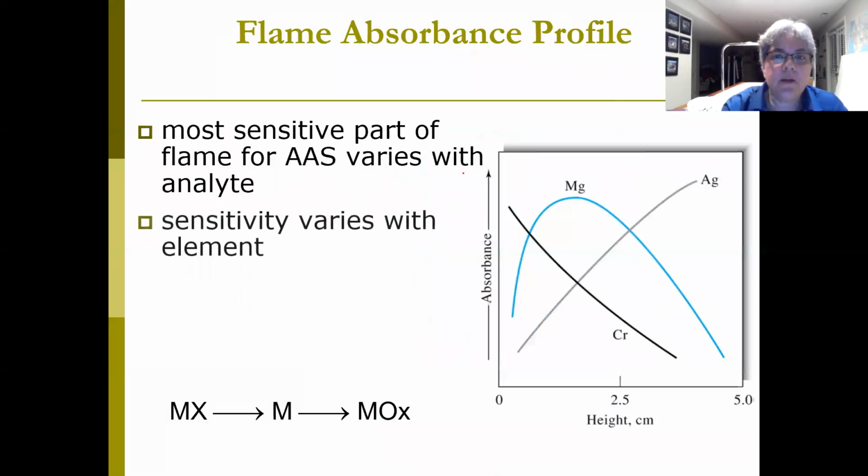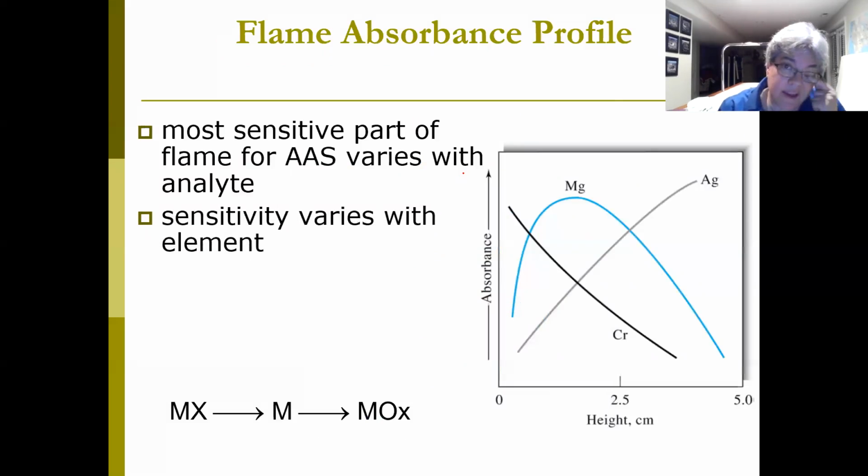Okay, now when we look at the flame, we get something called an absorption profile. And what we find out is the most sensitive part of the flame, or the best part of the flame for AAS, is different for different elements. Now, why is that?